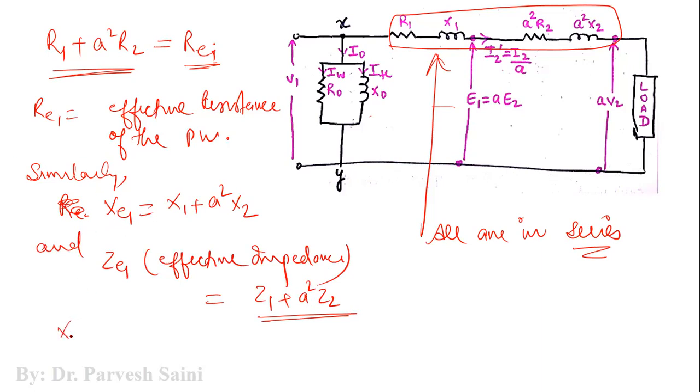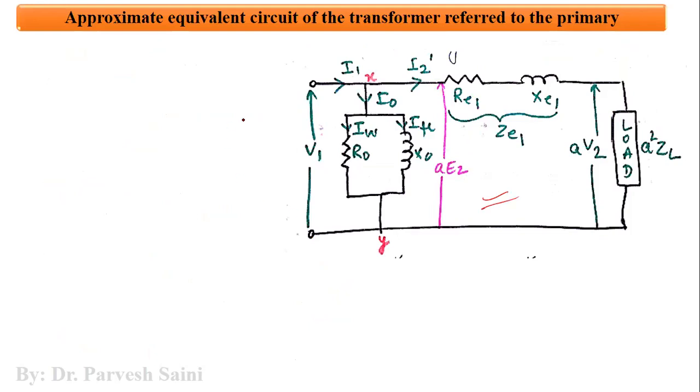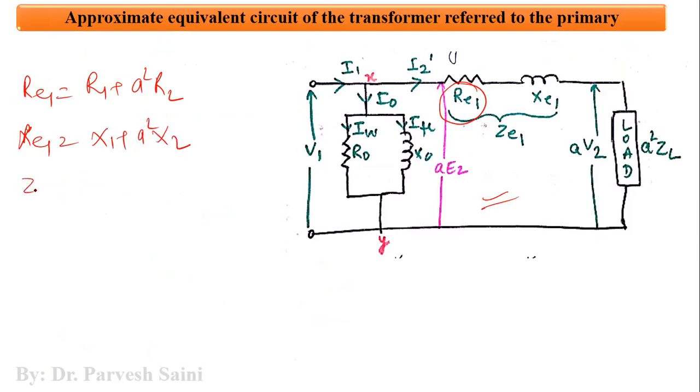So XE1 is the effective reactance, right? So now when we do so, we will get this circuit with us. So this is RE1, where RE1, as I mentioned earlier, is R1 plus A square R2, and XE1 is X1 plus A square X2, and ZE1 is Z1 plus A square Z2. So this is the approximated equivalent circuit of a transformer referred to primary.